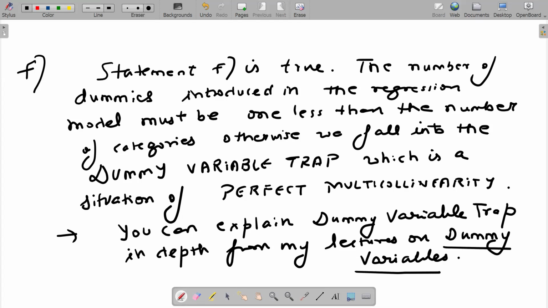When you watch my lectures on dummy variables, you will see that I have explained the dummy variable trap also using an example. So you can use that example in your answer also.